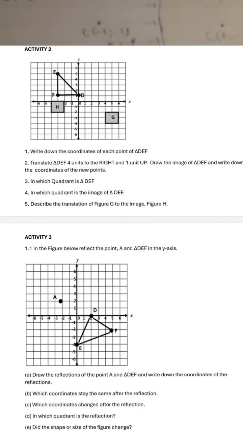Hopefully we all know that our Cartesian plane, as you see it, is divided into 4 quadrants, and hopefully we know in which quadrant triangle DEF is. So in the comment section, let me know.